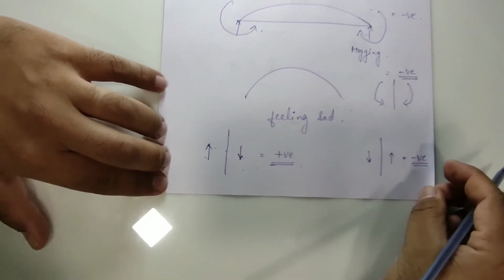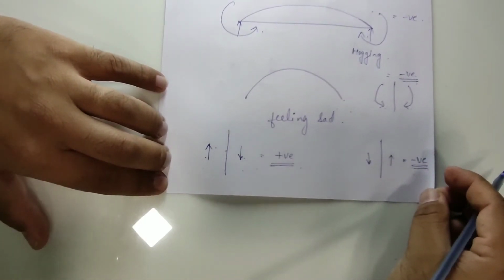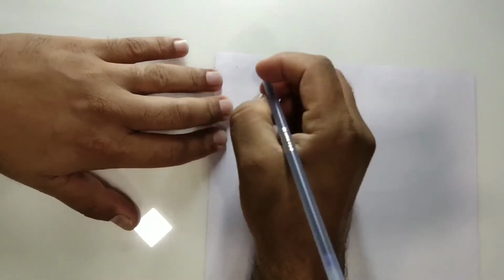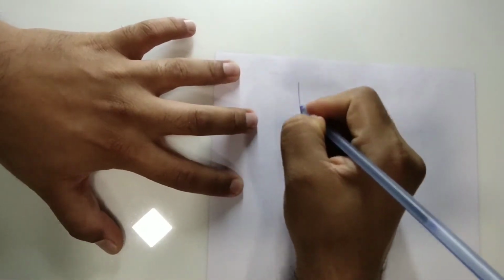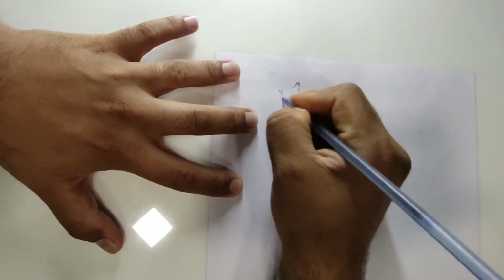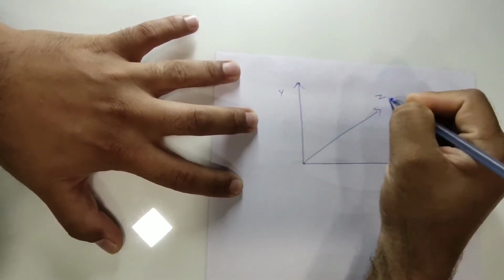Okay, so this sign convention is very helpful for any kind of structure example you are solving. Now the next one is the equilibrium condition. So we have only three axes, x, y and z axis.